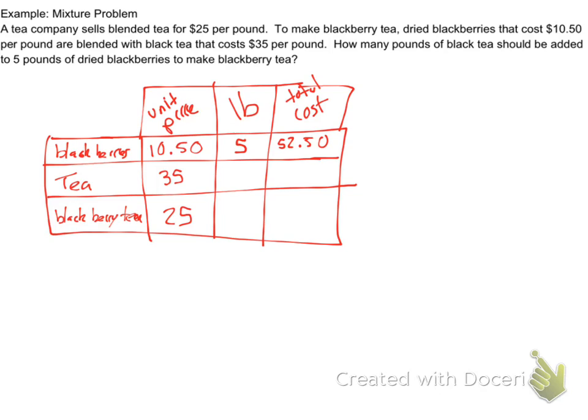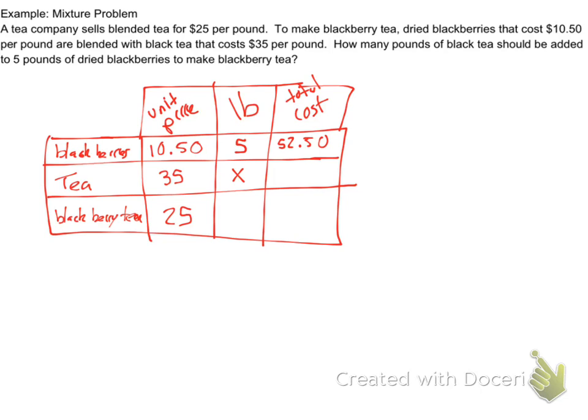Guys, the question overall is asking how many pounds of black tea. So we don't know that, do we? Do we know how much tea is in there? No. So guess what I'm going to do? I'm going to call it X. So how much money would it cost me for the tea?